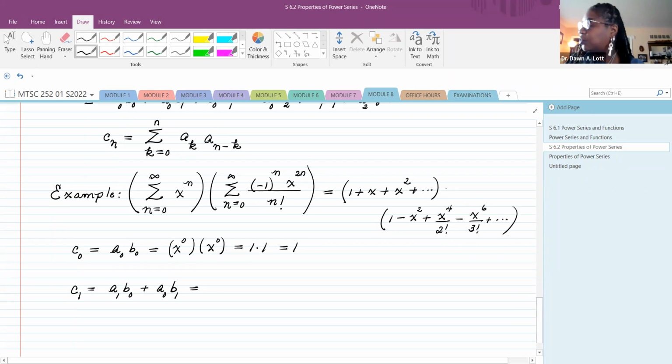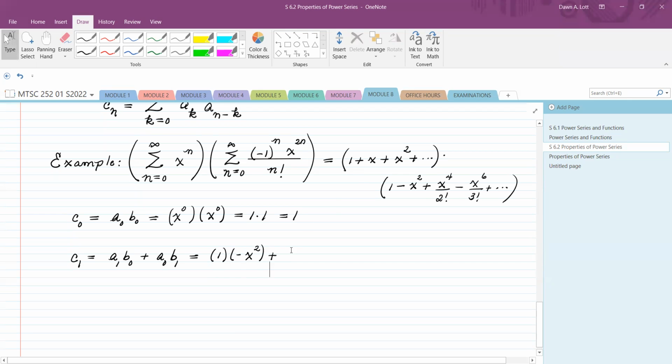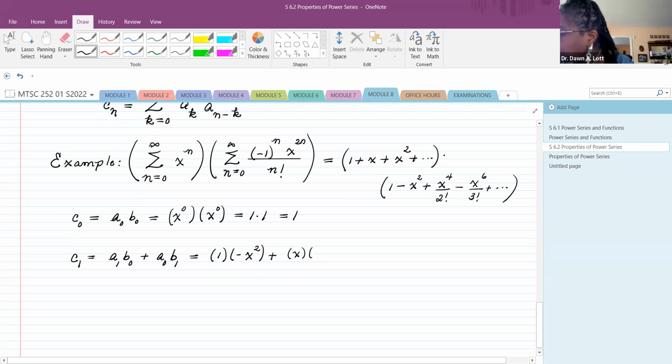So that's what we have. These two series are multiplied together. So now my next is going to take 1 times negative x squared plus 1 times x, or x times 1. So I get negative x squared plus x. That's the second term.